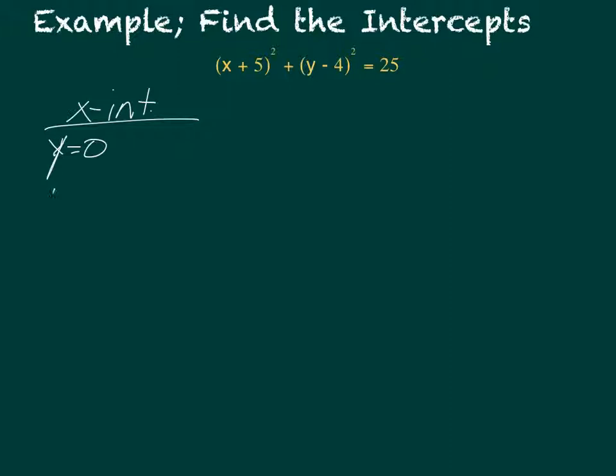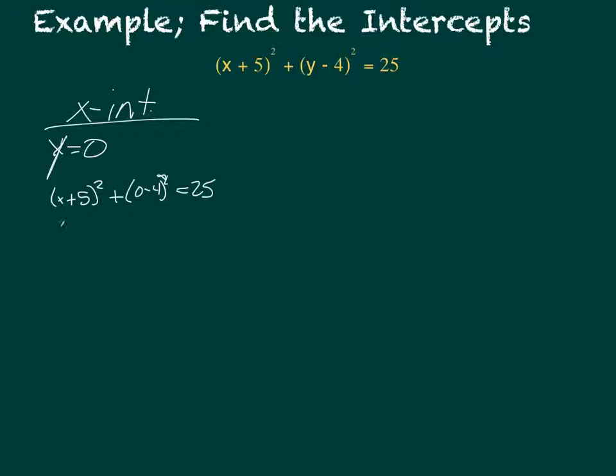So that's going to give me (x plus 5) squared plus (0 minus 4) squared equals 25. And I'm just putting that straight into that equation. And then I'm going to just solve it out. So I have (x plus 5) squared.